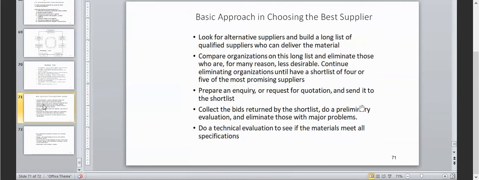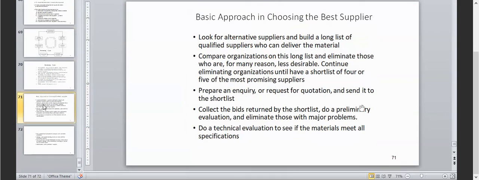Normally we have 4 or 5 suppliers that we think are reliable to provide the material or component that we need. And based on this short list of suppliers, we need to prepare an inquiry to request a quotation from these suppliers.